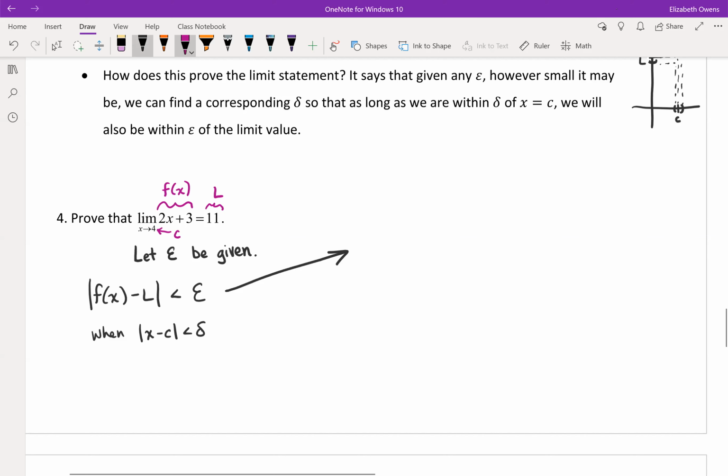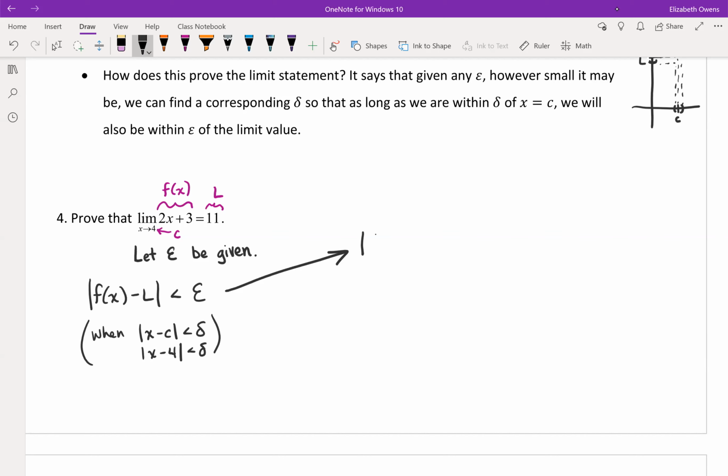So we're going to put these different things in. x minus c is going to look like x minus 4 in the absolute value is less than delta. And then absolute value of f of x minus L less than epsilon would look like this.